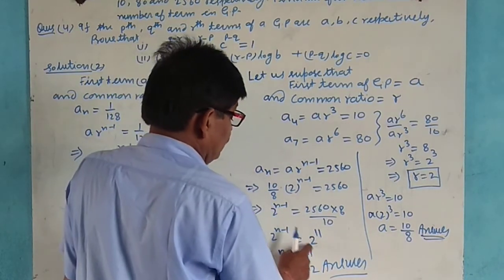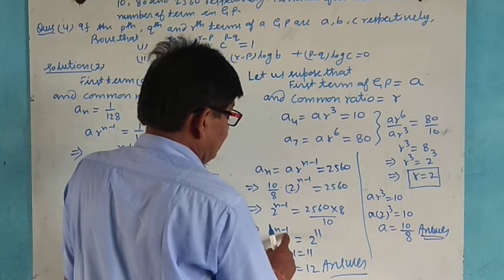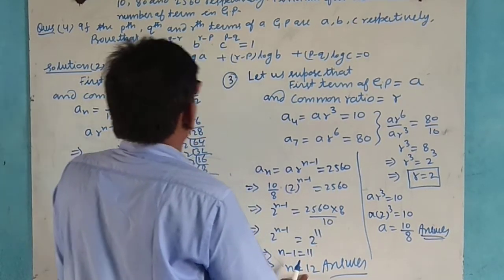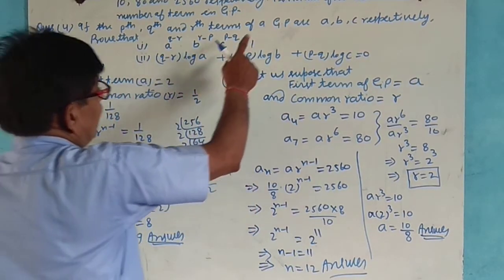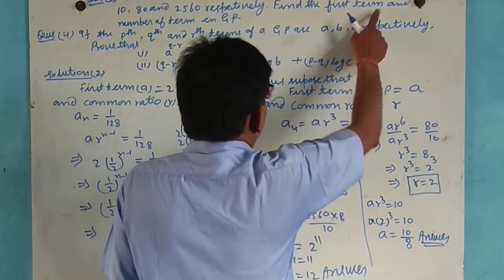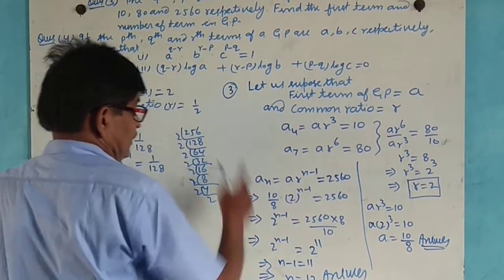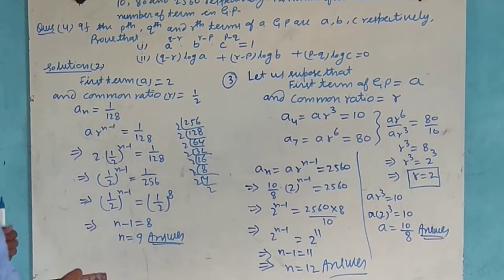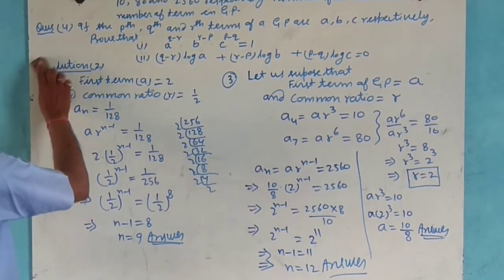By the law of indices, n minus 1 is equal to 11, so that n is equal to 12. In this case we have found the first term, and the number of terms in the GP is 12. Now we see question number 4.